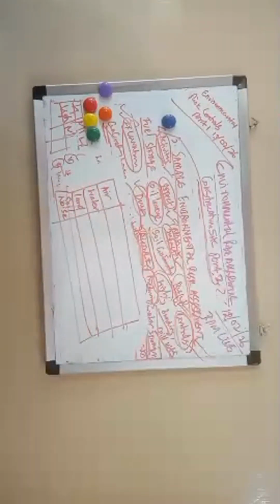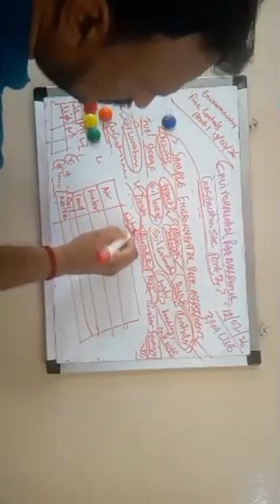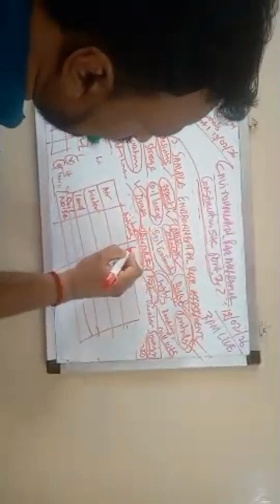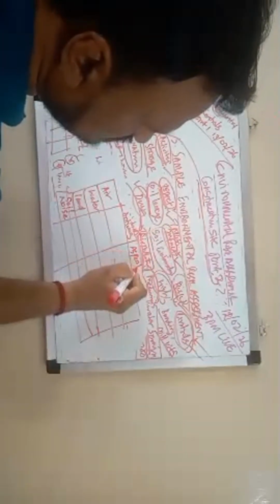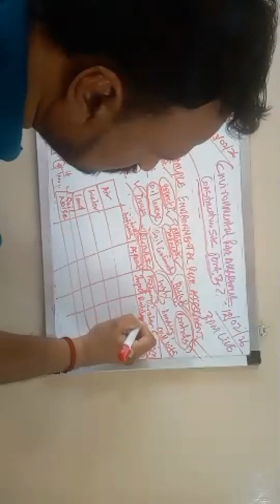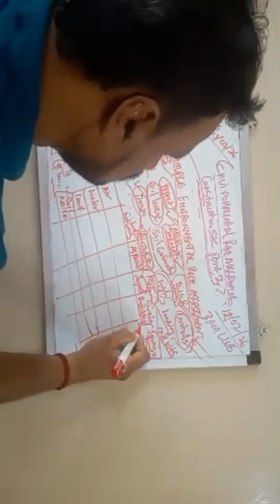So you have to see all these things. So what will be the activities? Then what will be the environmental aspect? Then what will be the impact? Then what will be the risk level? Then what will be the control?